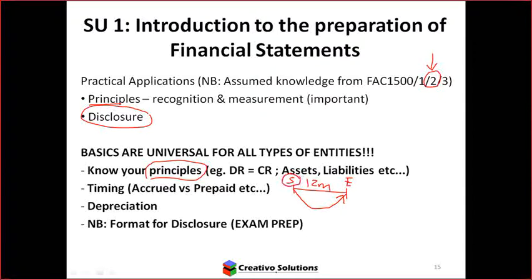And that's the actual disclosure. So disclosure will be for those 12 months from start to end. Are we going to worry about anything after the end? No, unless it affects the current 12 months. Okay, good. Depreciation we'll look at again, and obviously format is key from a presentation point of view.